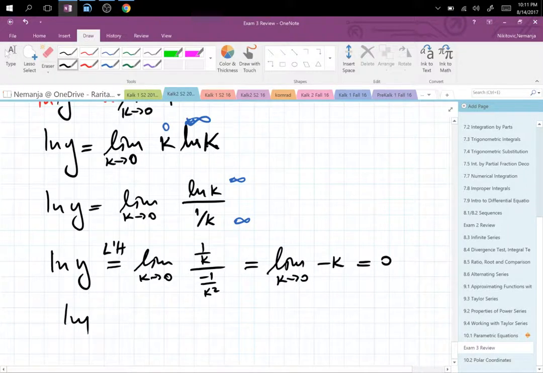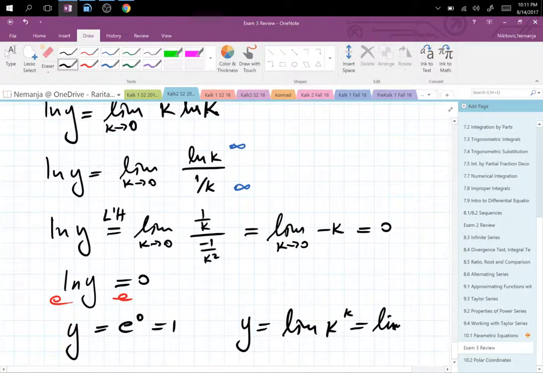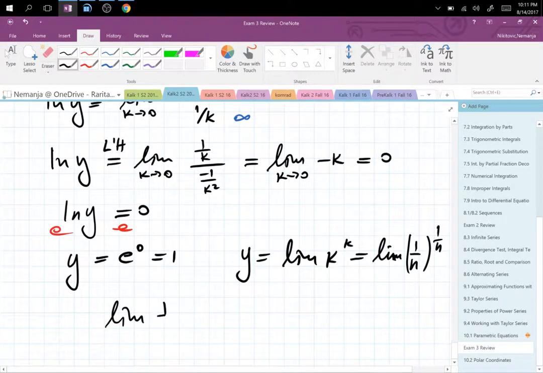So we got that ln y is 0. We e both sides, and we get that y is equal to e to the 0, which is 1. Now you remember that y was the limit of k to the k, which was actually the limit of 1 over n to the 1 over n. So we know that the limit of 1 over n to the 1 over n as n goes to infinity is 1. That's the answer.